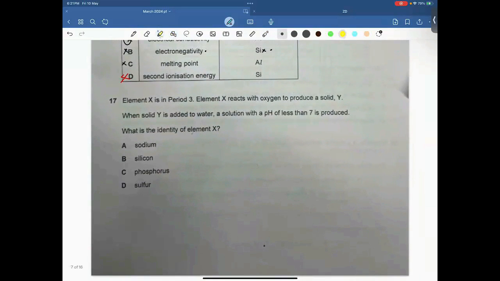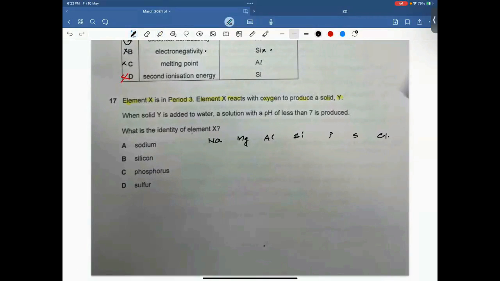Element X in period 3 reacts with oxygen to produce a solid Y. Okay. So we have period 3 elements: sodium, let's talk about magnesium also, aluminum, silicon, phosphorus, sulfur, and then chlorine.